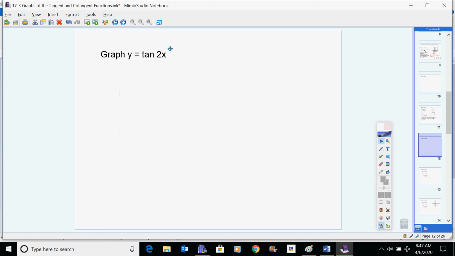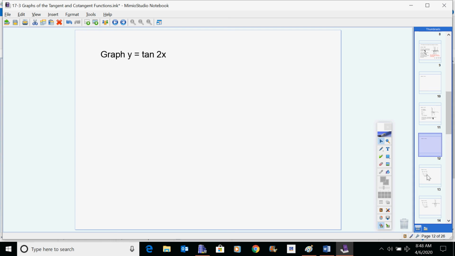If I want to graph y equals the tangent of 2x, first of all, you need to have in your mind that this is the one that's going to start down and move up. We need to use this part to find our asymptotes. Our asymptotes are important, as well as the point directly in the dead center between them, and then also the quarter marks, the same process that we did with sine and cosine.